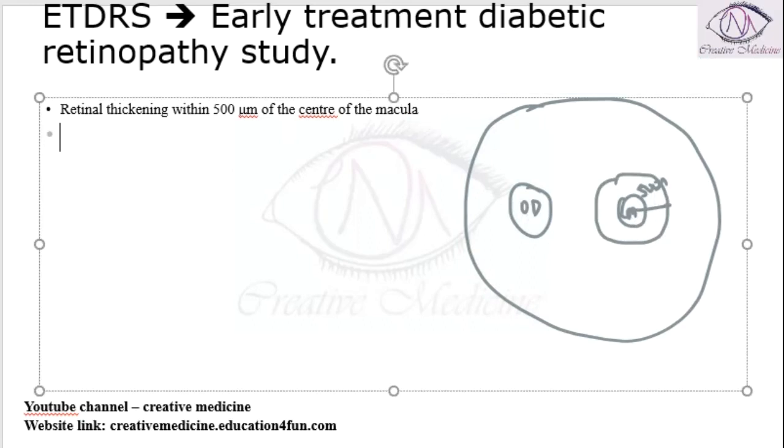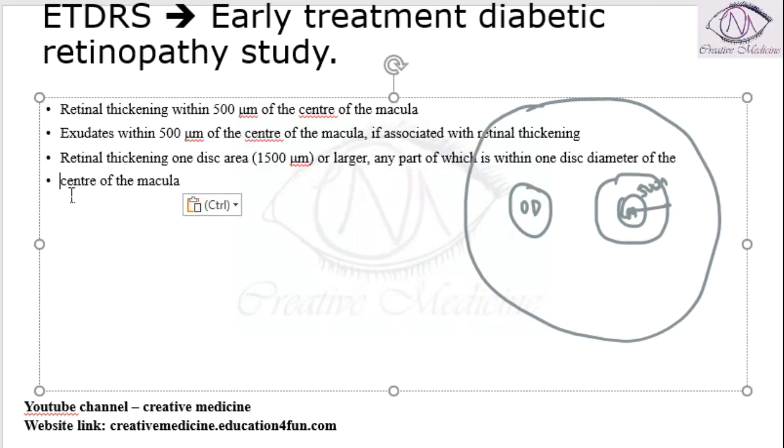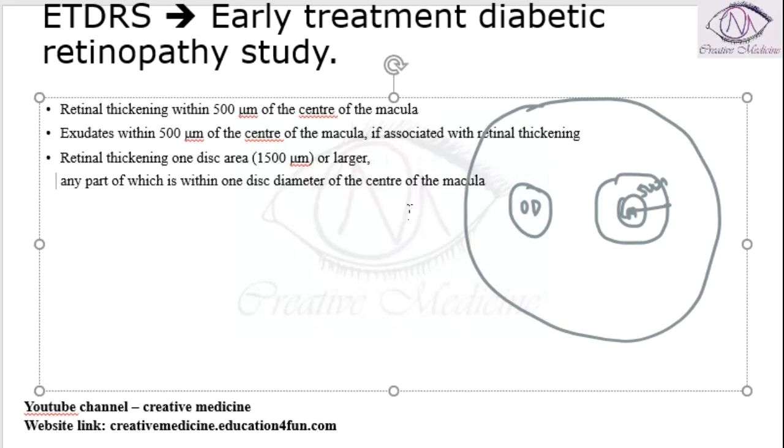clinically significant macular edema. The second is if exudates are present within 500 micrometers from the center of the macula, along with thickening. The third is if the thickening is present for one disc diameter or 1500 microns or larger, or any part of it is within one disc diameter from the center of the macula.